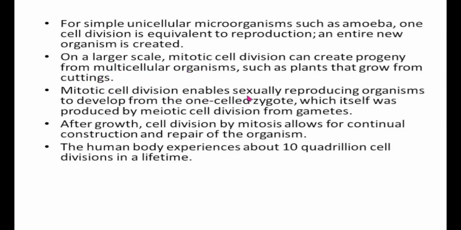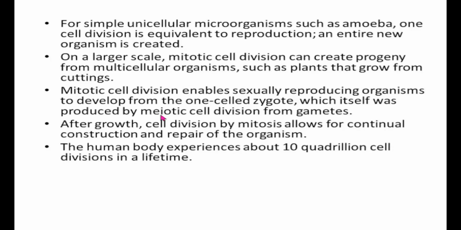Mitotic cell division enables sexually reproducing organisms to develop from the one-celled zygote. The zygote, formed during fertilization, is one cell, produced from gametes. So gamete formation is by mitotic cell division?